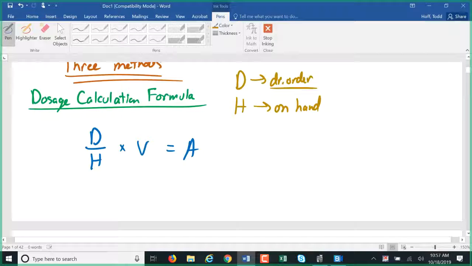H is what is referred to as the on-hand dosage. Now, the on-hand dosage and V go together. V is the vehicle. Vehicle is what carries the on-hand dose into the patient.